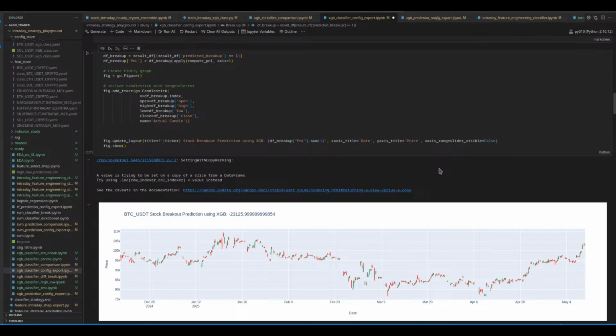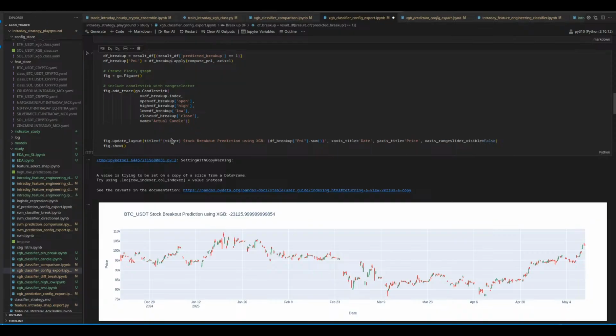Over the past few weeks, I've been working on predicting breakout and breakdown candles using a classification approach. The aim was to use an ensemble method where I could somehow pair my mean reversal strategy along with this classification approach.